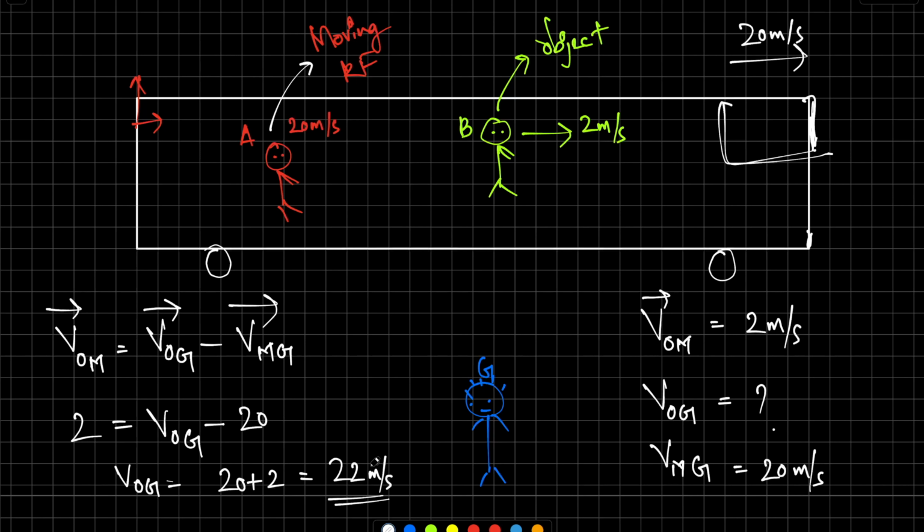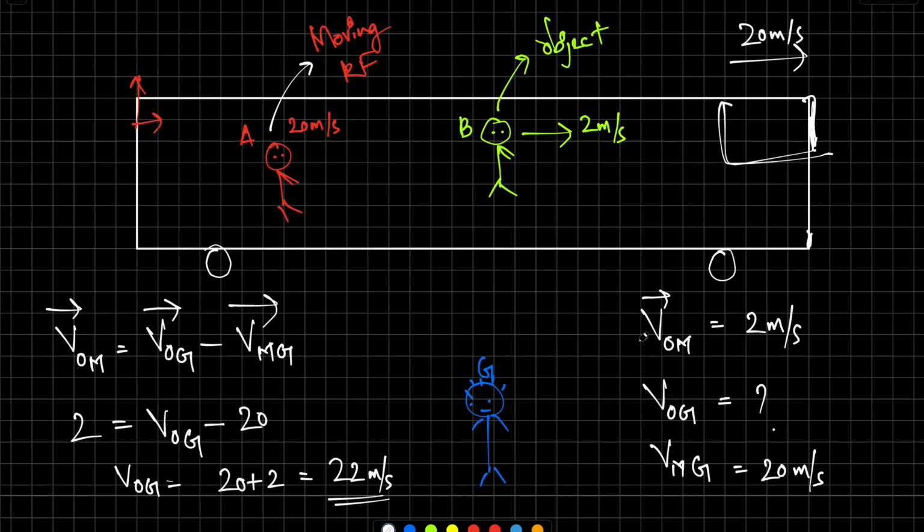VOG is 22 meters per second, or the velocity of the object with respect to the ground reference frame is 22 meters per second, or the velocity of person B with respect to person G is 22 meters per second. So velocity appears different from the perspective of observers moving at different velocities, or velocity is relative, or motion is relative. That is relative motion.